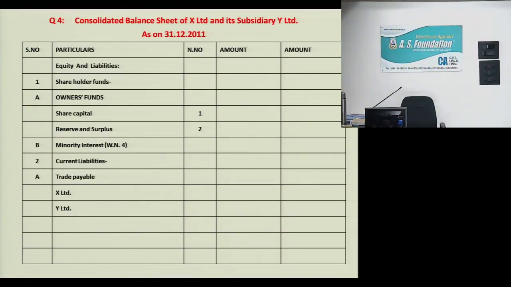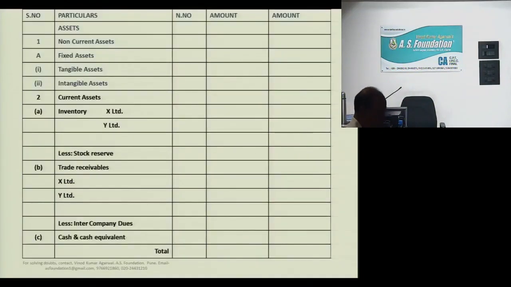Do you think it's a BCom exam? Now write asset side.